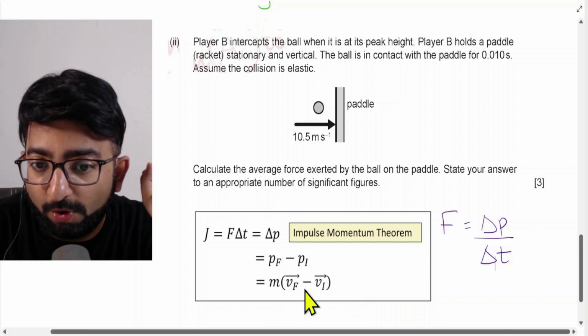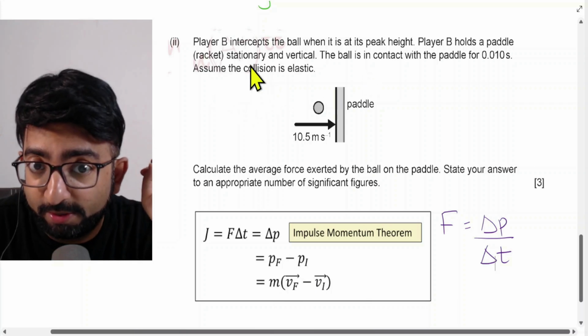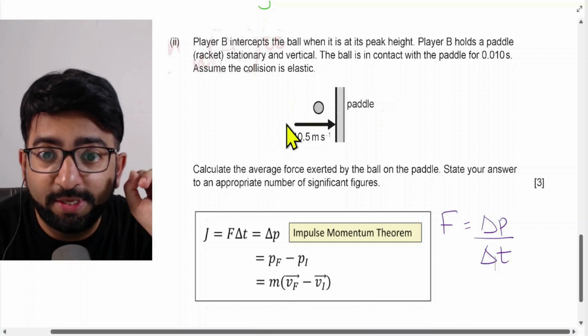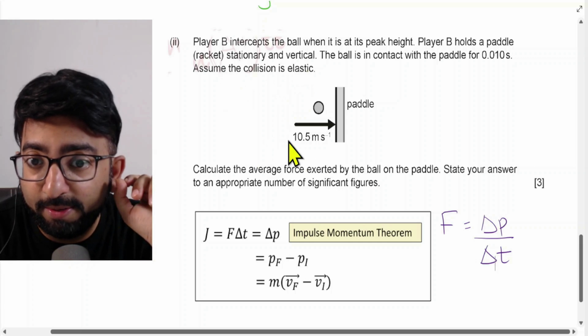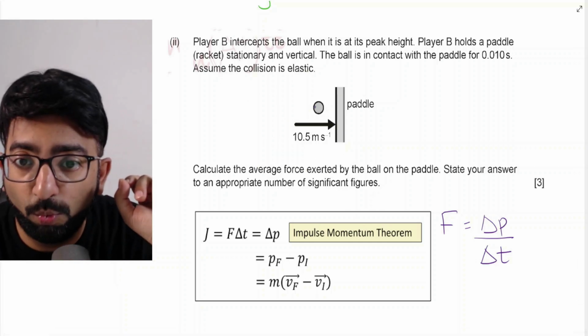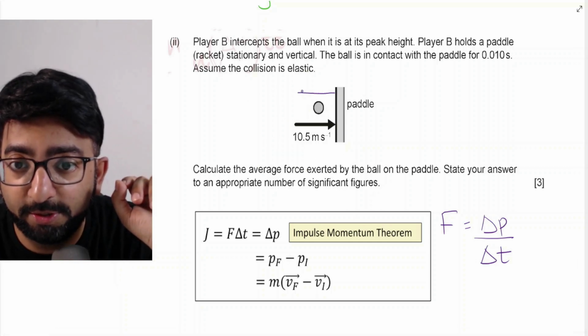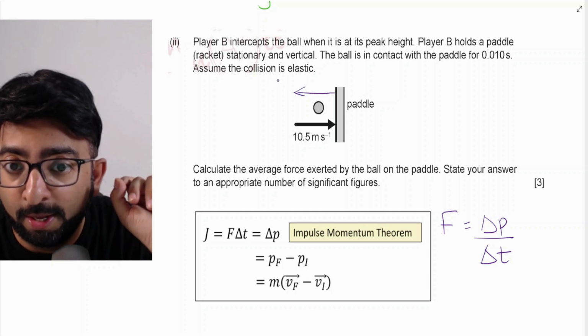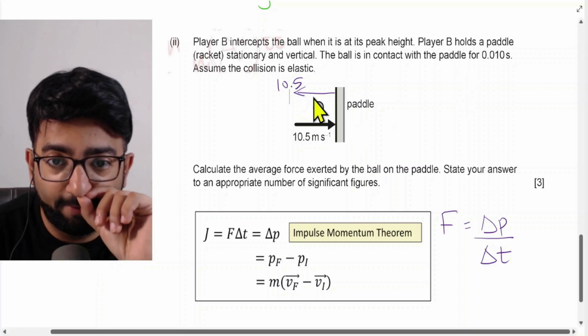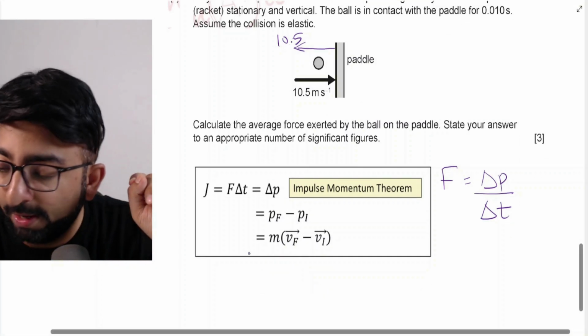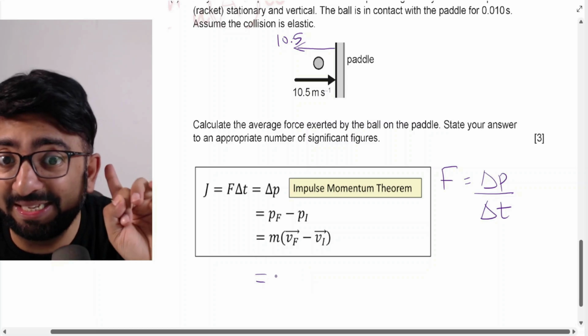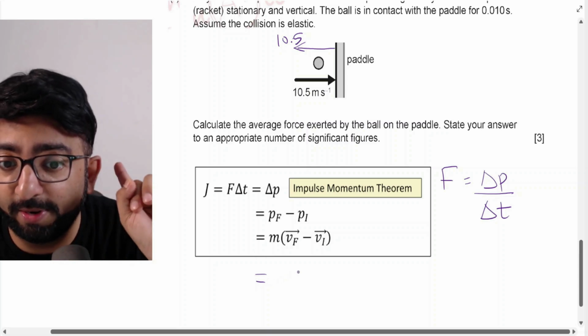To find the final velocity, we have to use the fact that the collision is elastic. Since the collision is elastic, the incoming speed and the rebound speed will be the same, since the kinetic energy is conserved. So, the rebound speed will be 10.5 meters per second only, but the direction will be towards the left-hand side. So the final velocity is 10.5, but since it is towards the left, we put a negative sign.